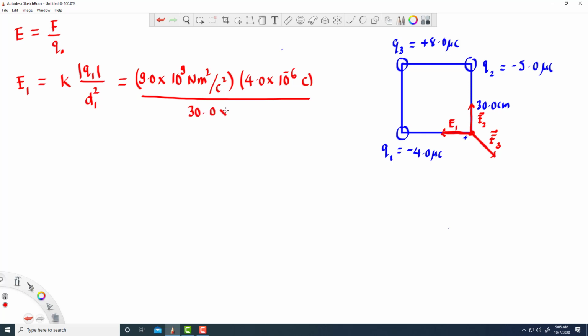Convert that to meters, 10 to negative 2, and square. So that gives me 4 times 10 to 5 newton per coulomb.